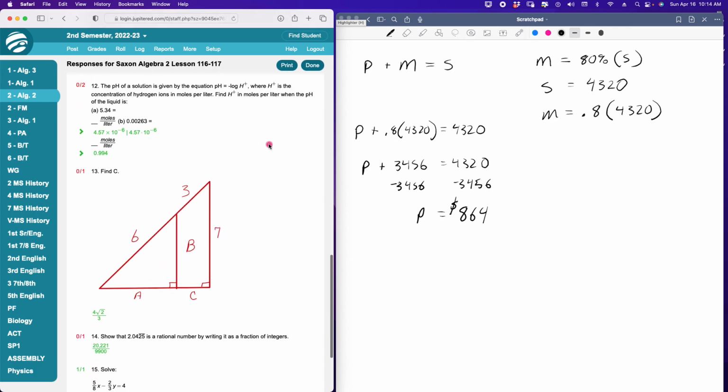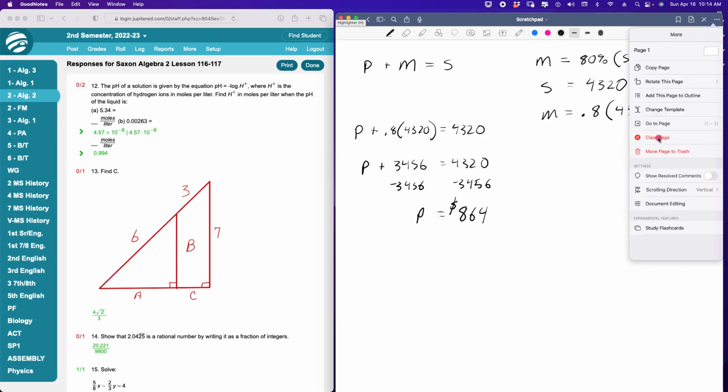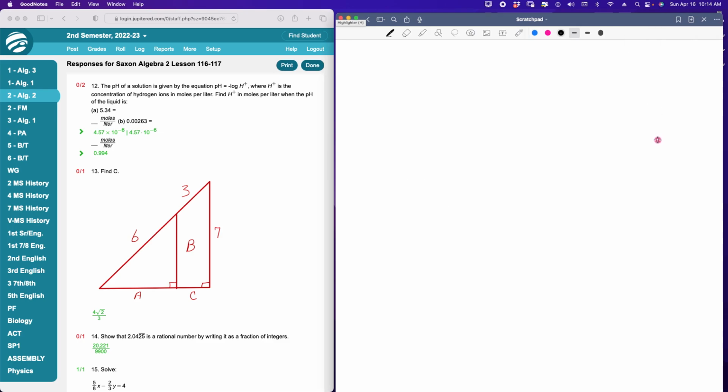All right, so here we have just some calculator problems. They're just some logarithm problems disguised as a pH solution problem. So we have pH is equal to the negative log of H positive. We can rewrite that as H positive is equal to 10 to the negative pH.